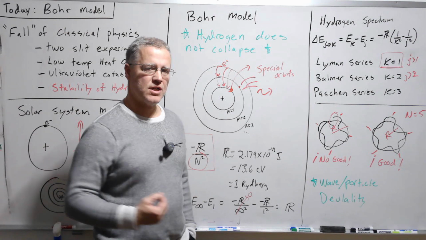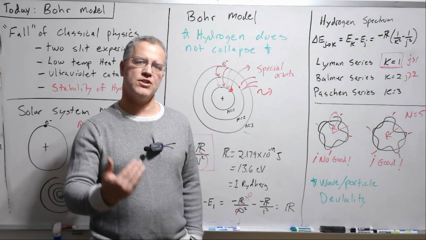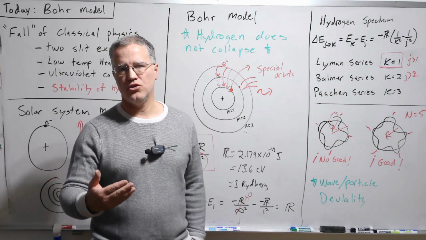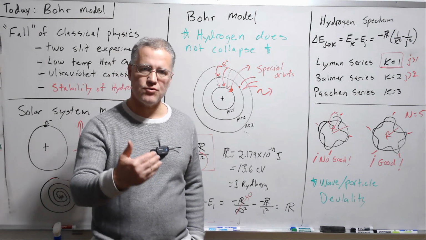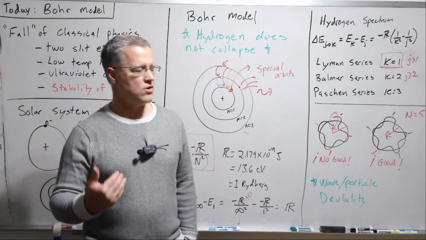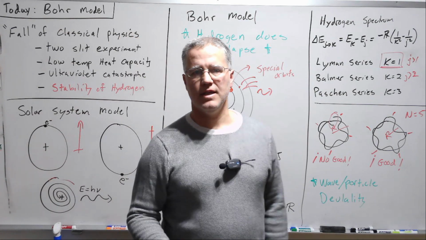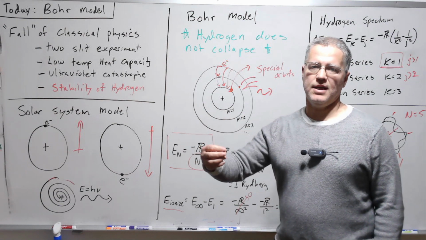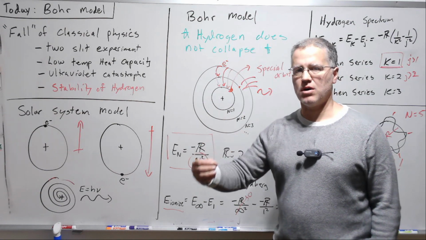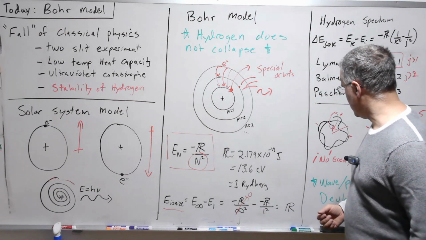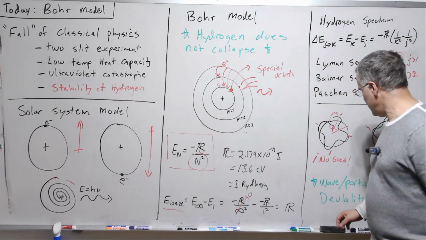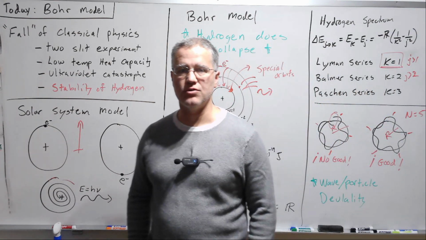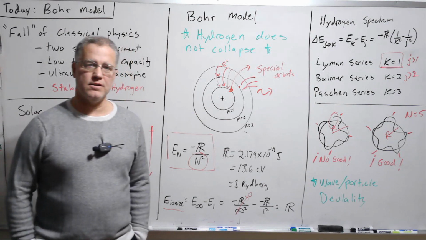And so this, and other things, help us come to the conclusion that an electron is neither a particle nor a wave, but has characteristics of both. This is called wave-particle duality. And a given experiment will pick out a wave-like or particle-like behavior of the electron. So that's the conclusion that one comes to with the Bohr model.